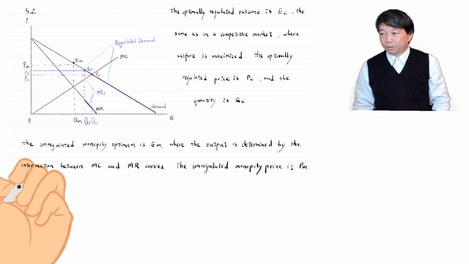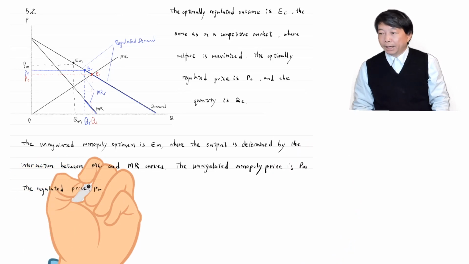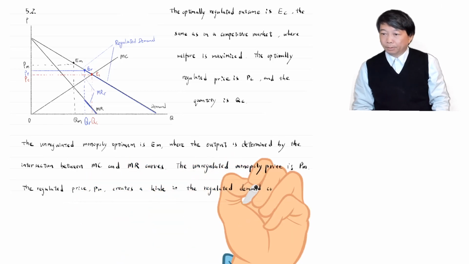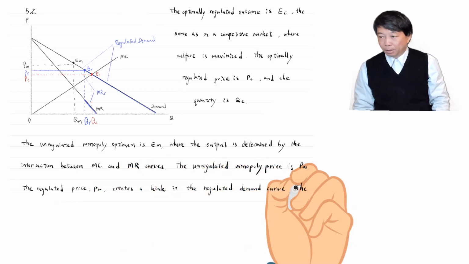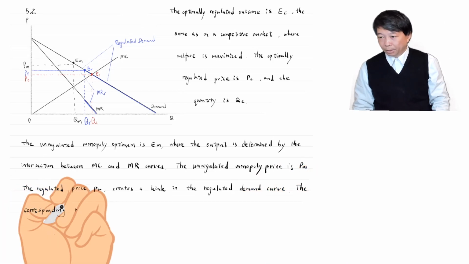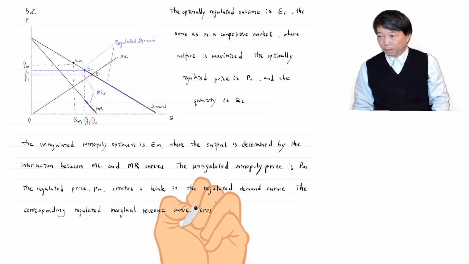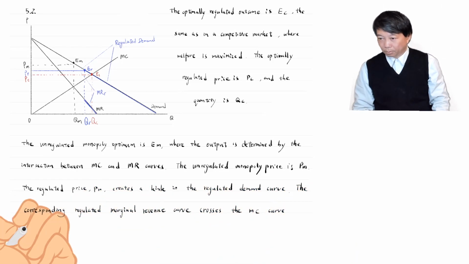If the government sets a price ceiling between the unregulated monopoly price and the optimally regulated price, it creates a kink in the regulated demand curve the monopoly faces. The corresponding regulated marginal revenue curve has a jump.